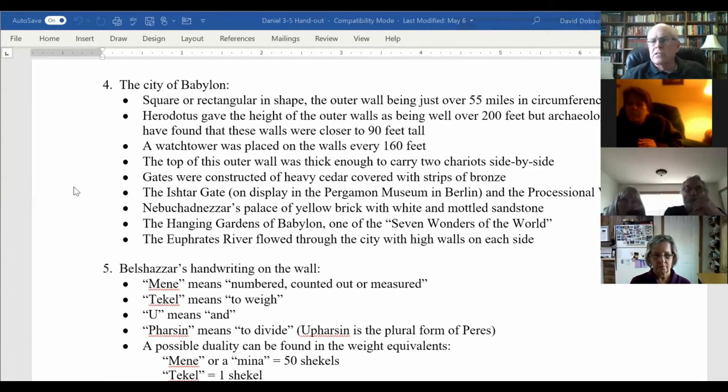I won't take a lot of time, but the Euphrates River was actually diverted over into an empty, a dry lake bed where they had excavated clay for baking the bricks to build the walls around the city.